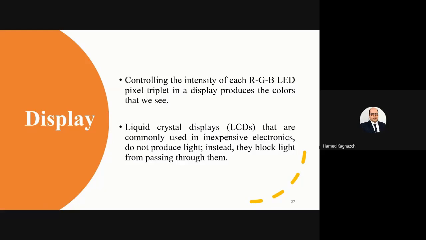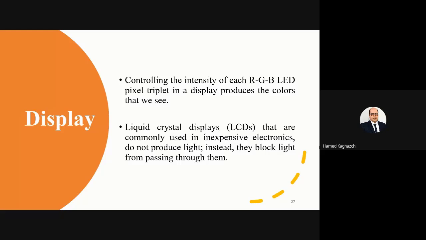Generally, in digital devices, we have two major display systems. The first one is LED monitors or displays, which stands for light emitting diode. And the second one is liquid crystal displays, LCDs. LCDs do not produce light.